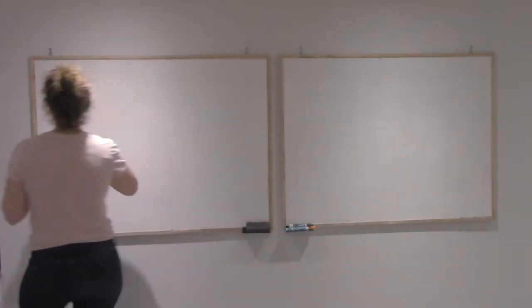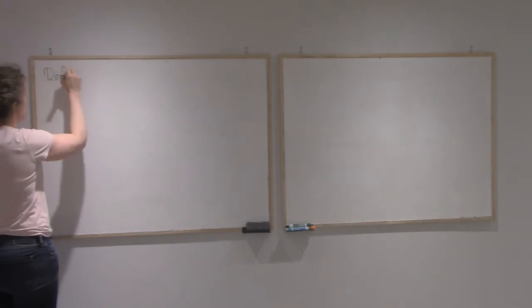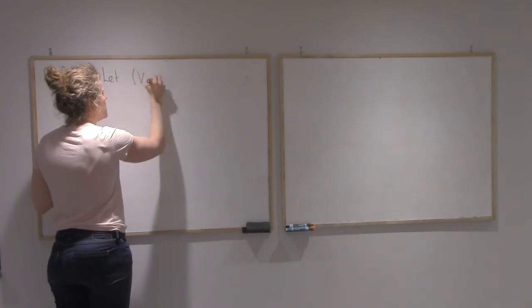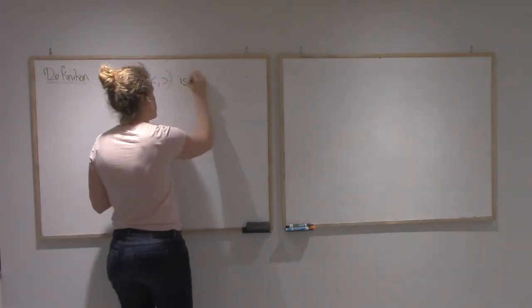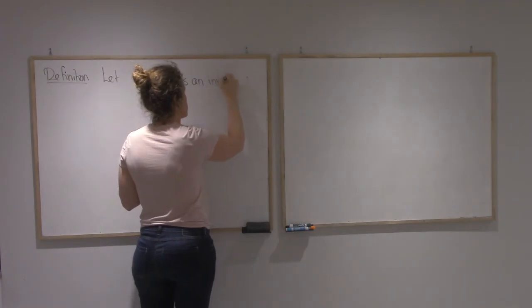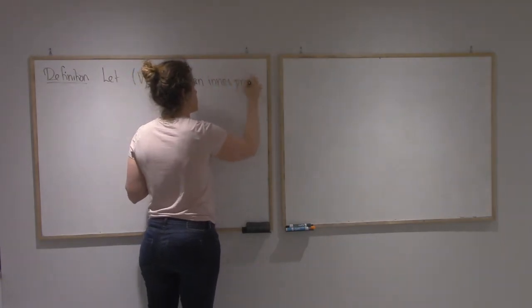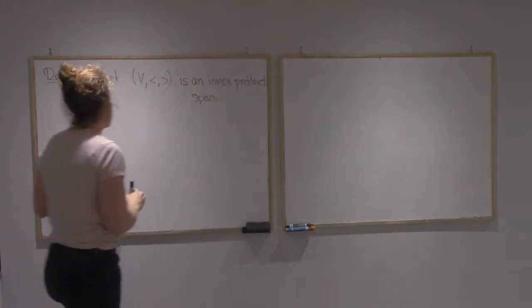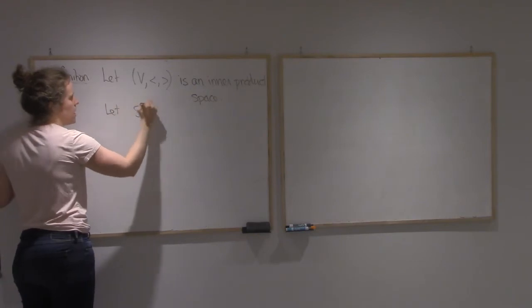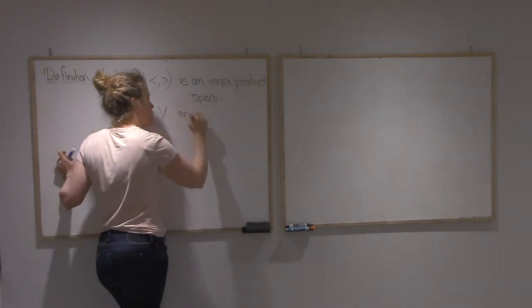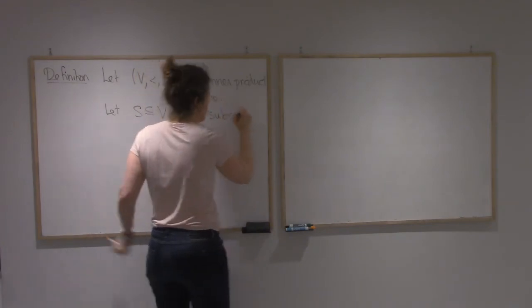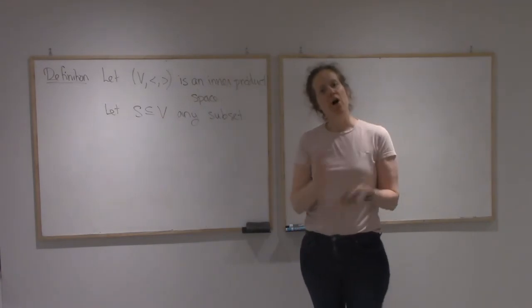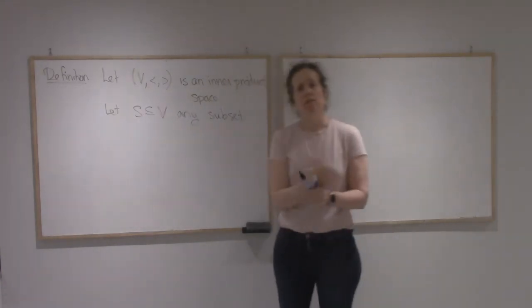So let's say V is an inner product space, and I'm going to take any subset S. I'm going to call S orthogonal if all the elements of S are perpendicular.